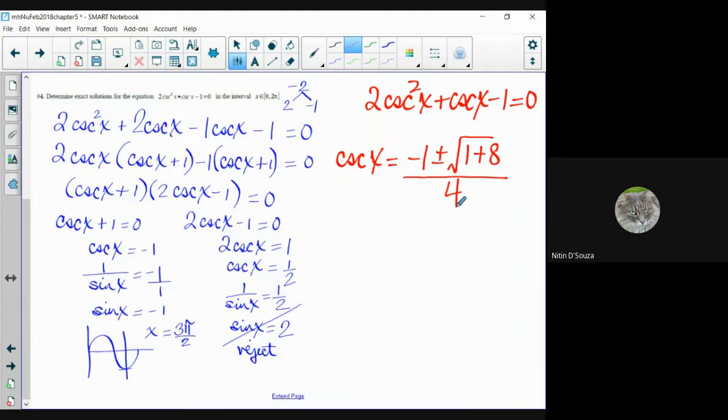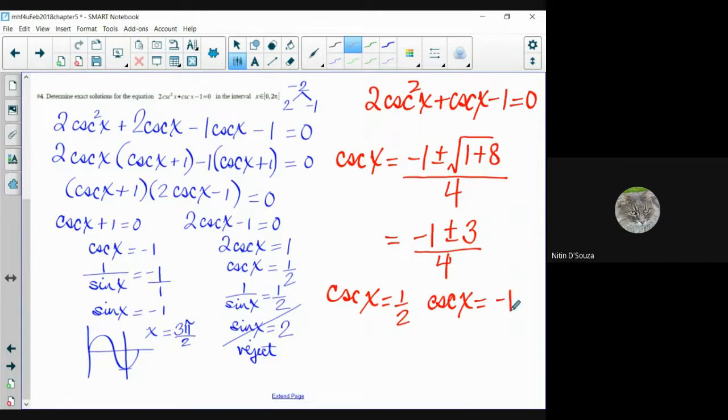So that's -1 plus or minus 3 over 4, telling us that cosecant x could be -1 plus 3 over 4. That's 2 over 4, 1 over 2. Or cosecant x could be -1 minus 3 over 4. So -4 over 4, minus 1.